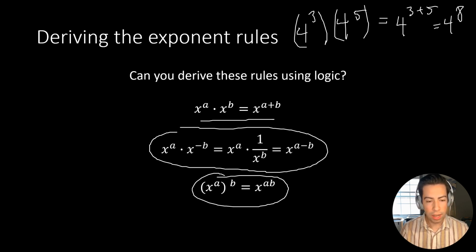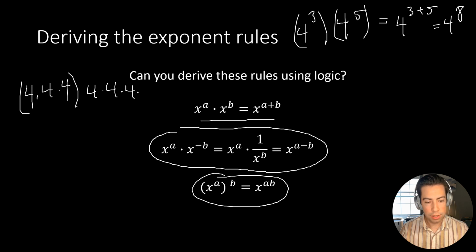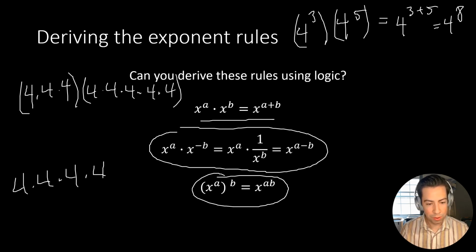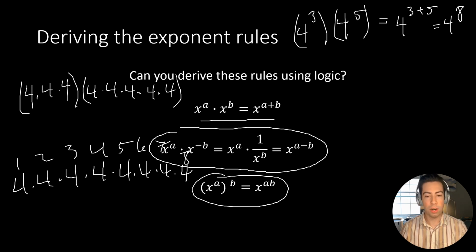If I have 4 times 4 times 4, 3 times, and then I multiply it by 4 times 4 times 4 times 4 times 4, for 5, this is just the same thing as saying 4 times 4 times 4 times 4 times 4 times 4 times 4 times 4. You get the point, right? We have 1, 2, 3, 4, 5, 6, 7, 8 terms here, 8 fours. So it has to be the case that you're actually just adding those exponent values, okay?